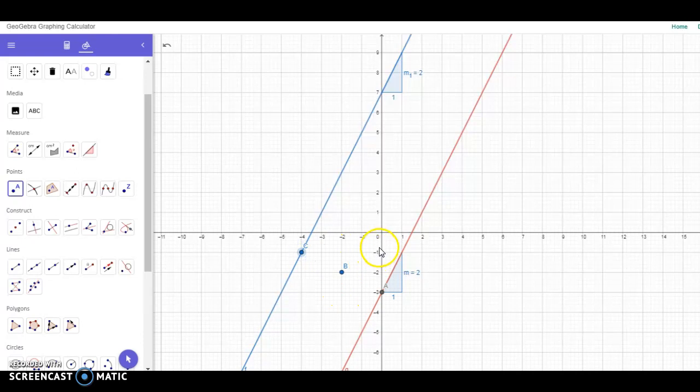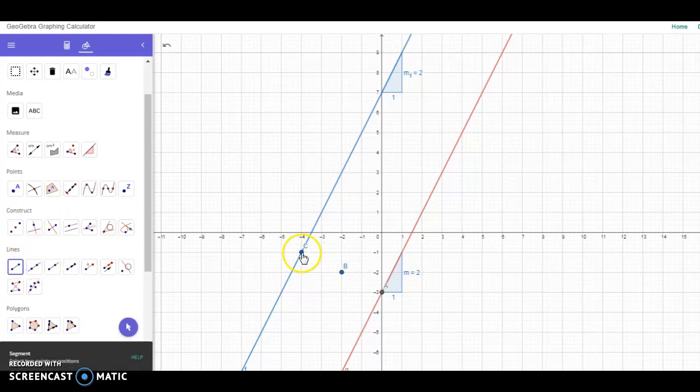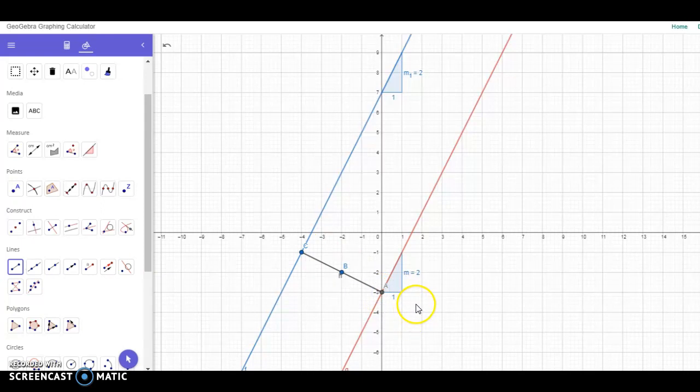And when I do that, conveniently, I intersect my other line at this point right there, which is -4, -1. And now I can go ahead and make that segment connecting those two. And that distance there represents the distance that I need, the distance between these two parallel lines.